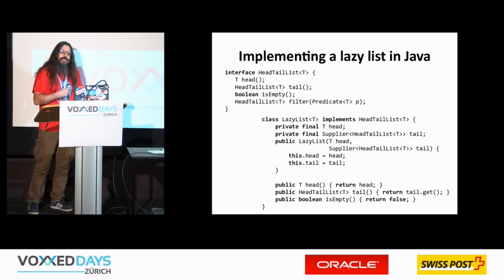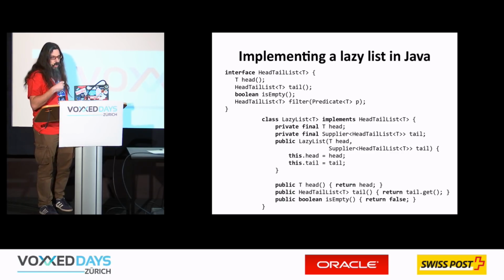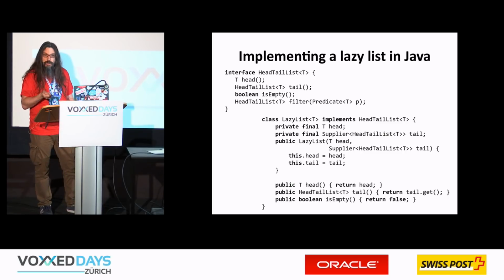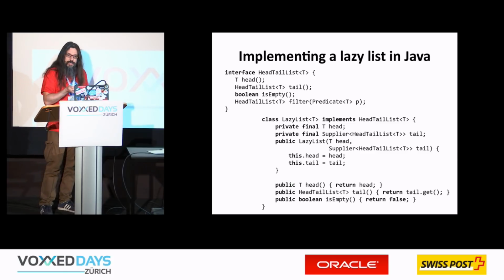I can implement this interface in a lazy way. If you look at the implementation of this interface, I don't have the tail. I have a supplier of the tail. Here I'm introducing the laziness.